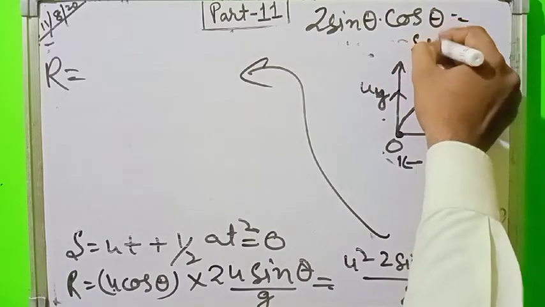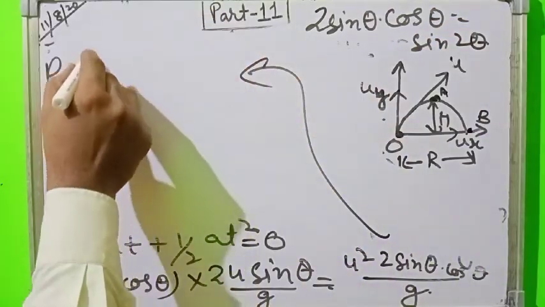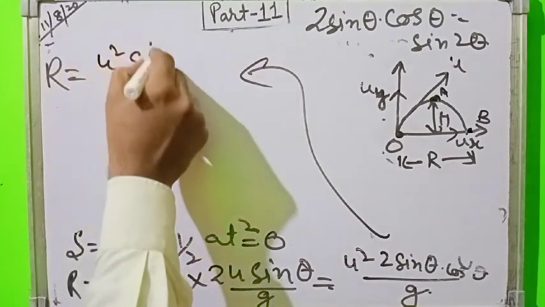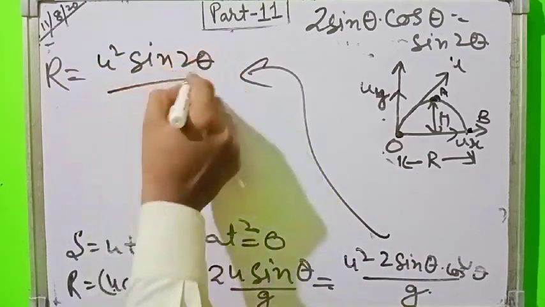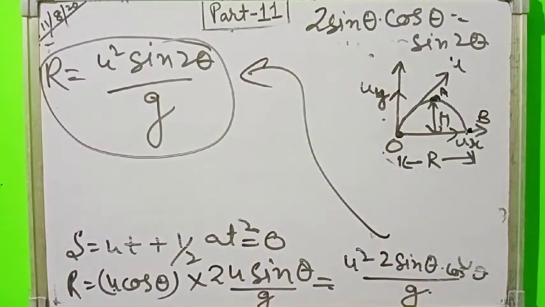This is a trigonometrical formula and it is equal to sin 2 theta. So R is equal to u square sin 2 theta upon g. This is the formula for horizontal range.